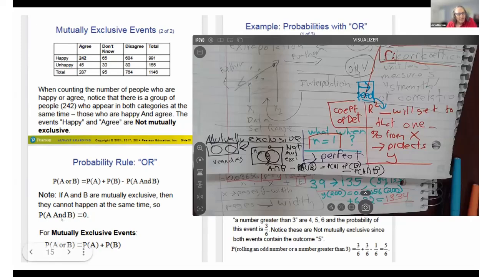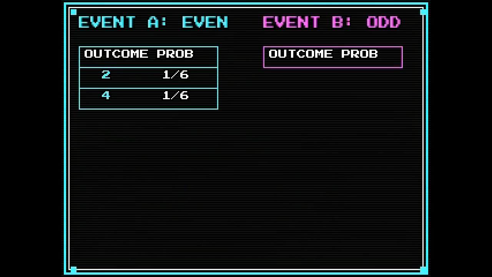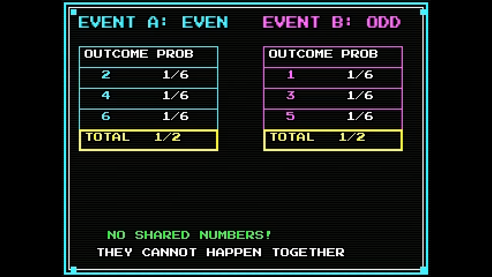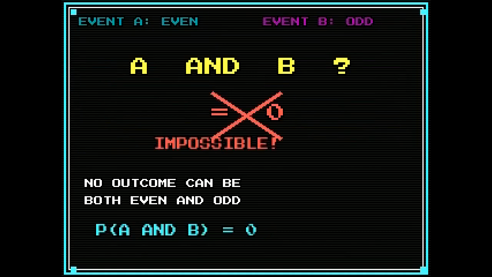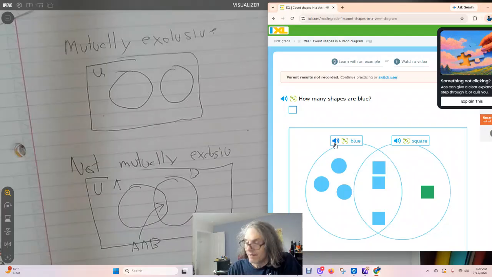So when A and B is 0, they are mutually exclusive, because there is no A and B, it's 0. All right, so that's it. That's the deal on that.